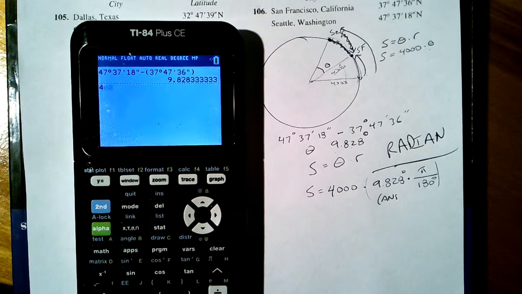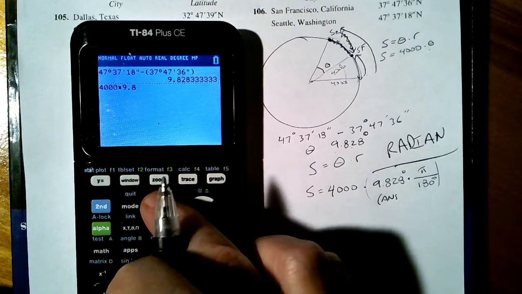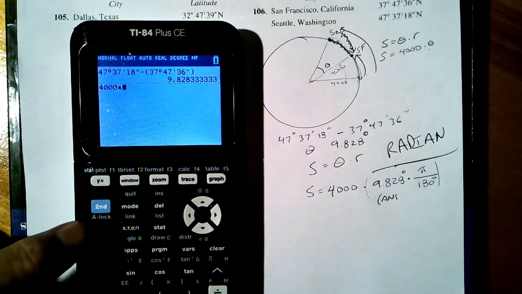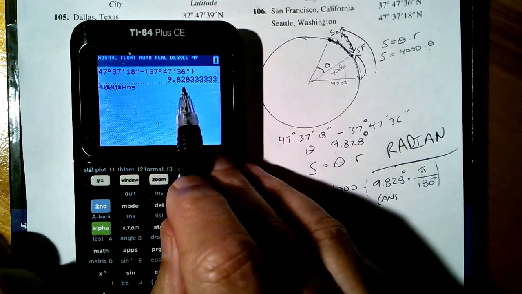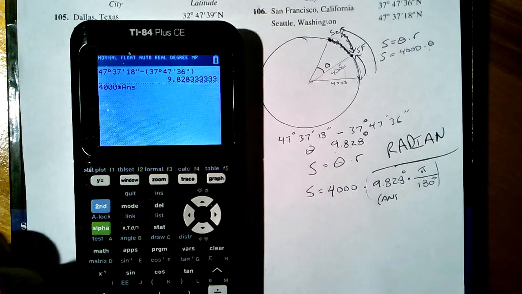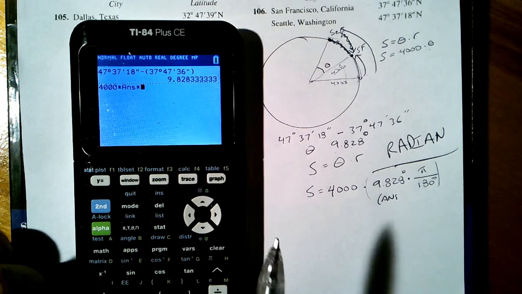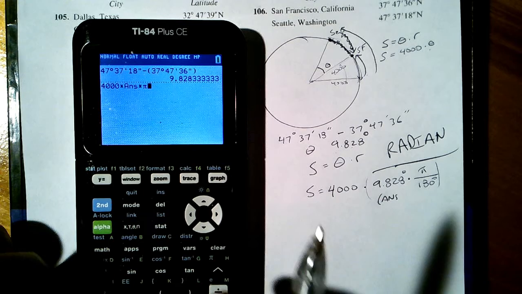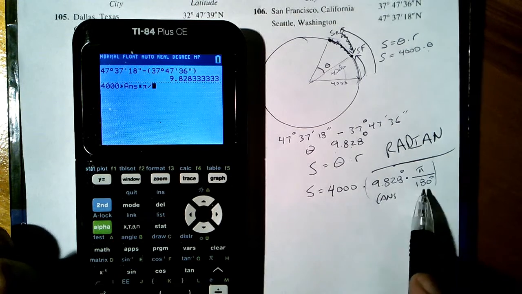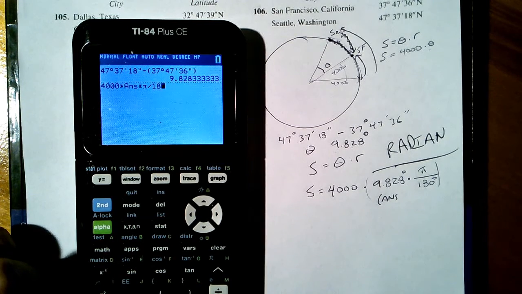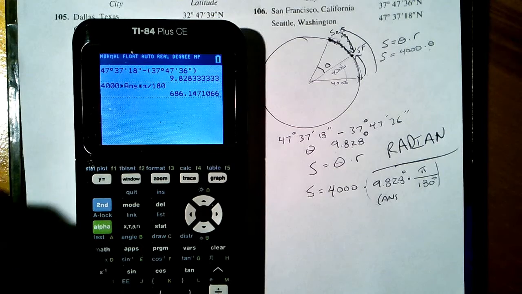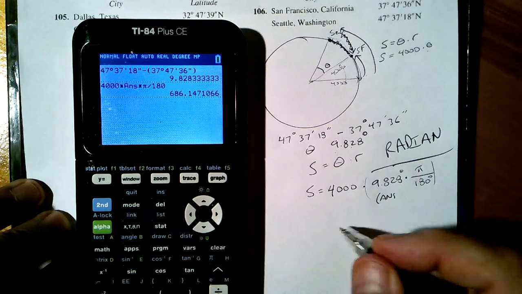So I get 4,000 times second answer times pi divided by 180, and I've got, well, that seems a little bit more reasonable.